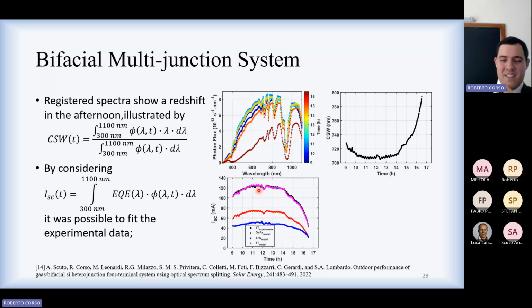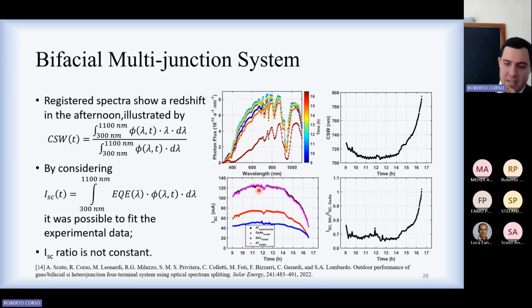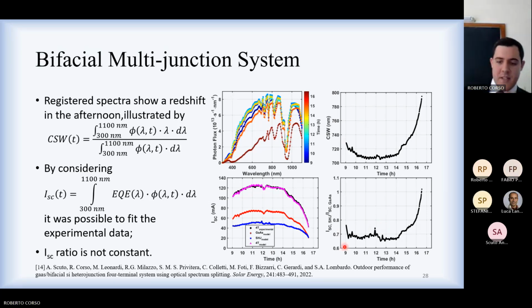This is quite important because if we look at the ratio between the calculated short circuit currents, we see a trend that is similar to the one of the central spectrum value, that is a constant value during the day and a sharp increase in the afternoon.